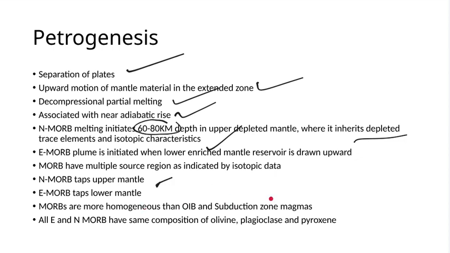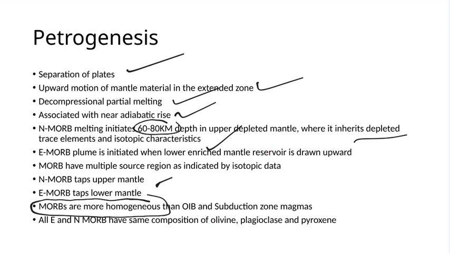MORBs are more homogeneous than OIB and subduction zone magmas, because MORB comes directly from the mantle; it is an open area for the mantle to come out. But in the case of OIB or subduction zones, it undergoes assimilation and differentiation. That's why MORB is more homogeneous.